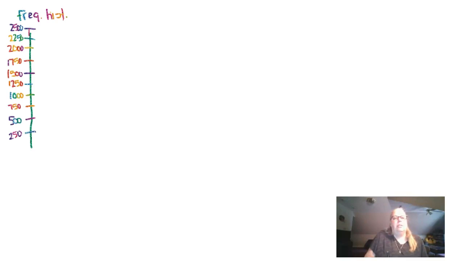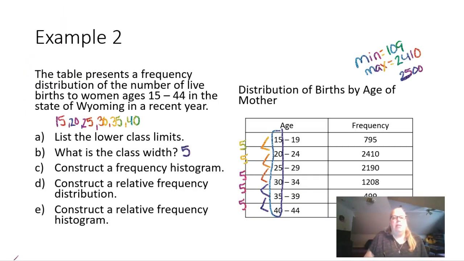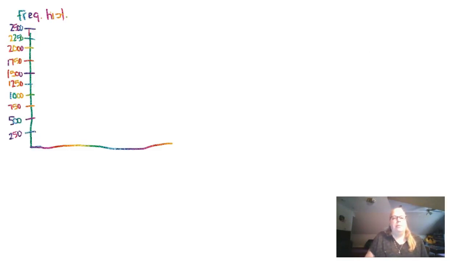All right, over on the side here, the x-axis, I'm going to scale with the lower limits, okay? And our lower limits went from 15 up to 40. And I'm actually going to have to go out one more to 45 because my ages stopped here at 44. So when we scale our x-axis, we're going to have to go one lower limit beyond what we're given.